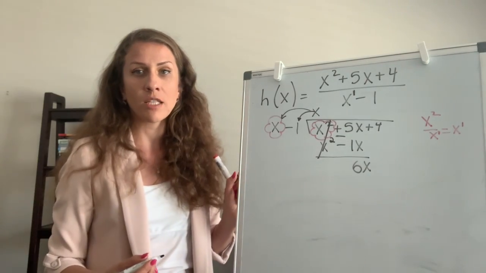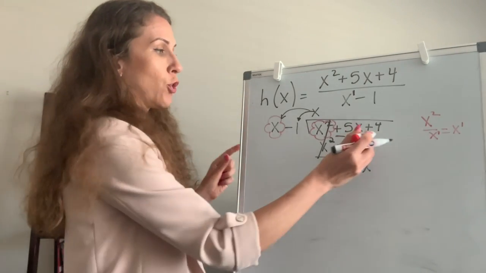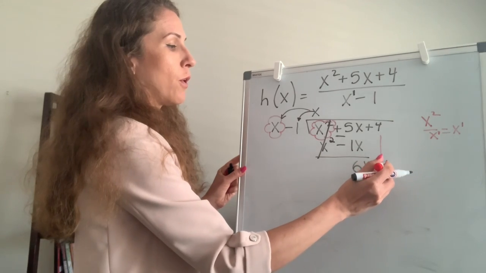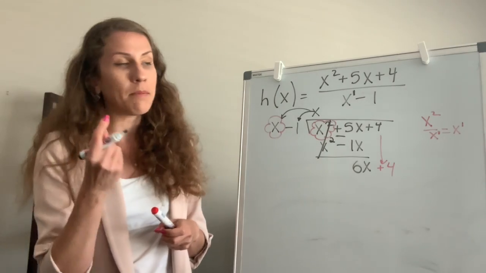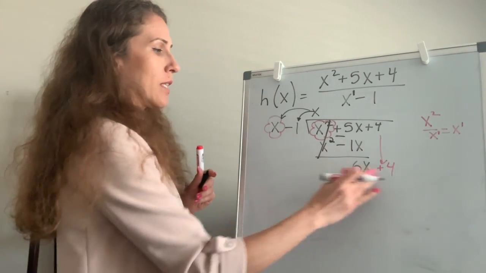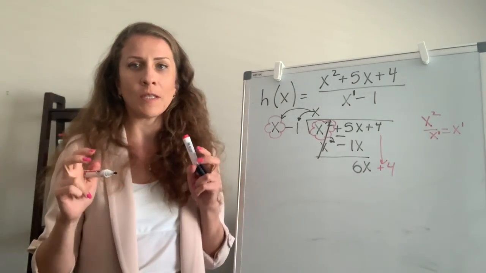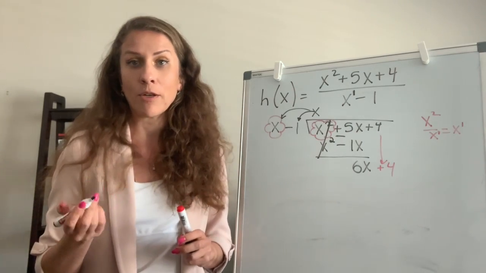Once you finish subtracting, we're going to bring down the final term here, this 4, so plus 4. And we're going to repeat the steps, considering 6x plus 4 as our new inside of the box binomial.